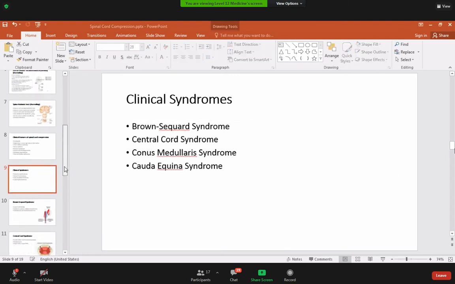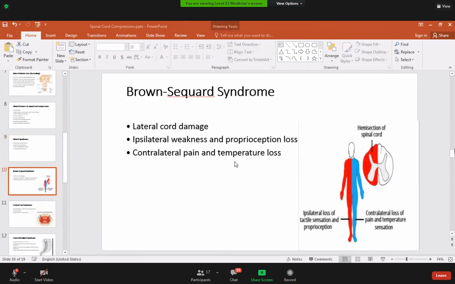If there is a hemitransection or hemisection of the spinal cord, what will happen? First talk about the sensation.